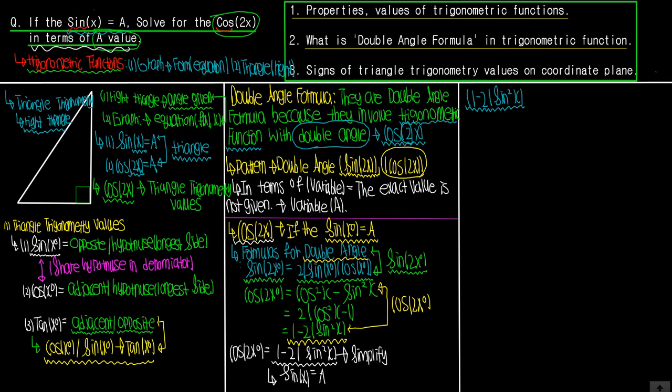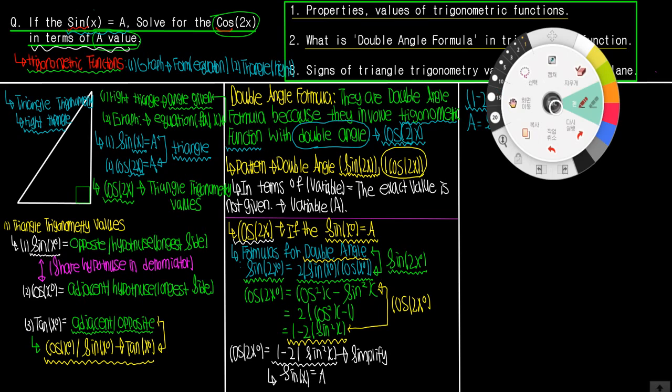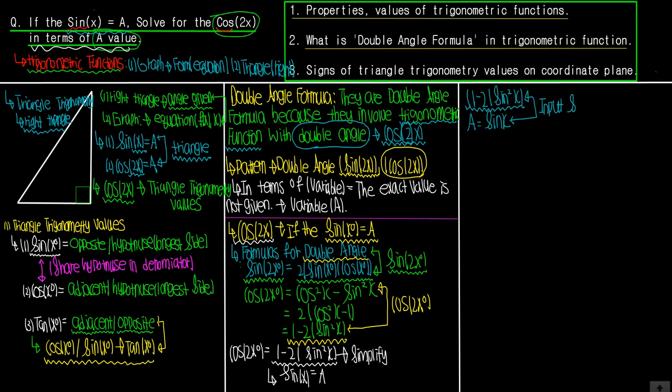But what is the a value that is given? It is the sine of our x value. So all we have to do is input our sine of x into cosine of 2x, which is 1 minus 2 times sine squared x. We can't get an exact value because it is a question to solve in terms of our a value.